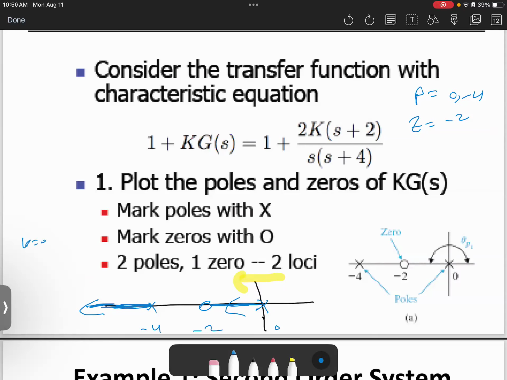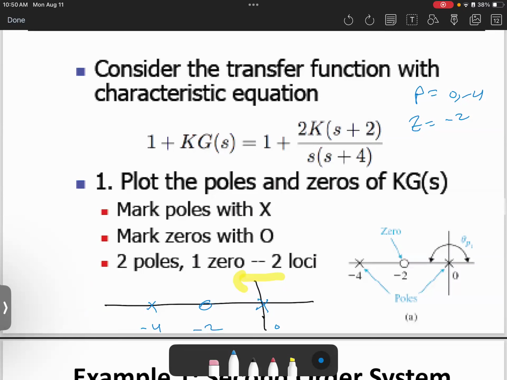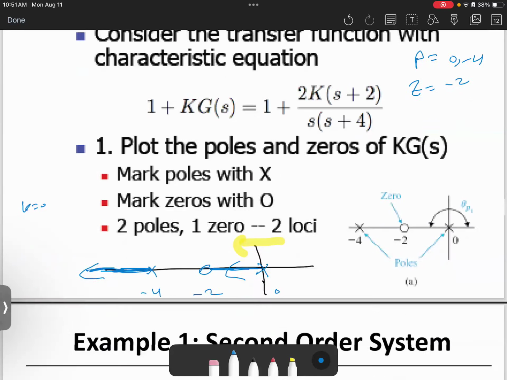When k equals infinity, the poles will be at -2 and -infinity. Okay, so that's something that you need to keep in mind.